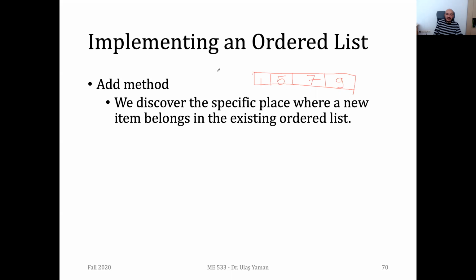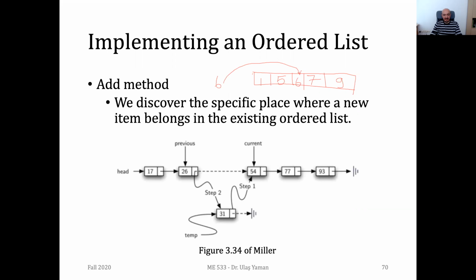And if you have a new item, which is, let's say, 6, what you need to do is find an appropriate position here. So you need to find that position and put it here. So this is the important part for adding items into this ordered list.